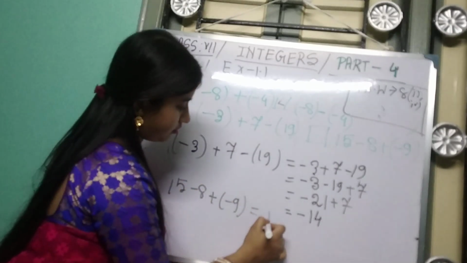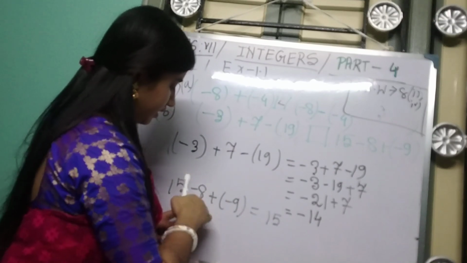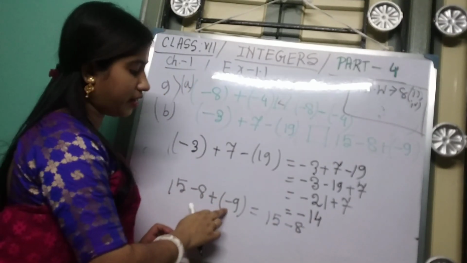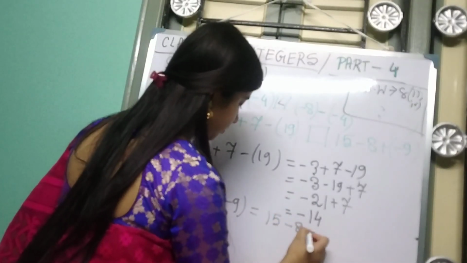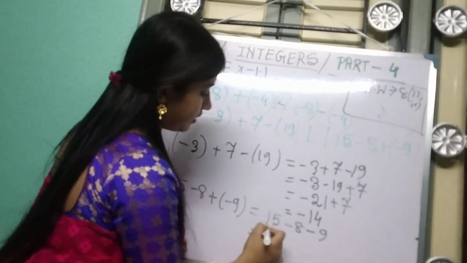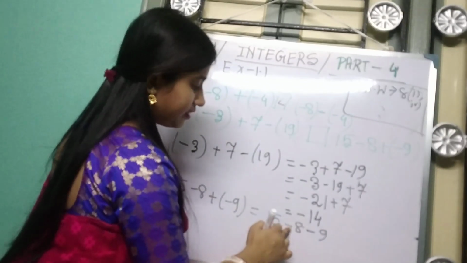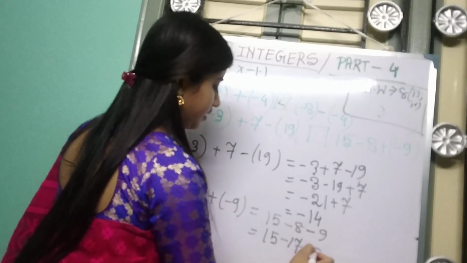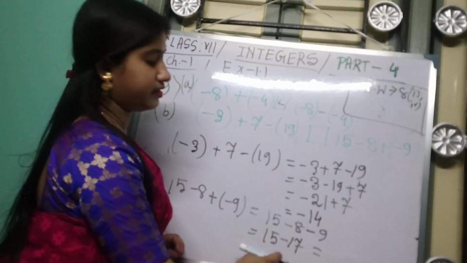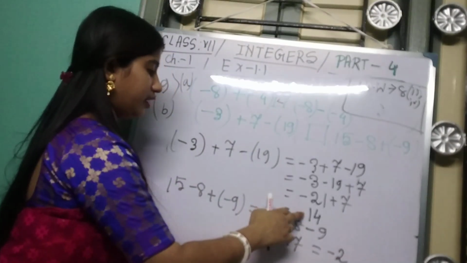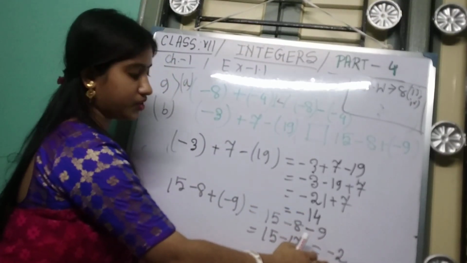Plus of minus gives one minus, so this is -9. Calculate the minus symbol first: -8 minus 9 means -17, and 15 minus 17 means -2. So here -14, here -2.